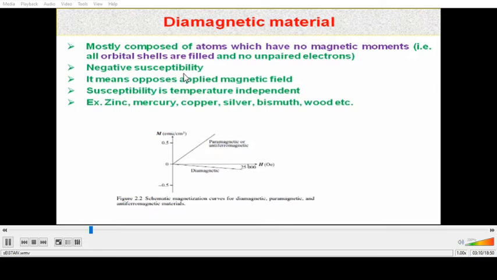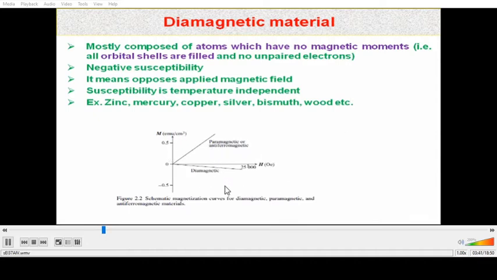Moreover, this susceptibility is temperature independent because it's an inherent property of all material. A few examples of diamagnetic materials are zinc, mercury, copper, silver, bismuth, wood, etc.